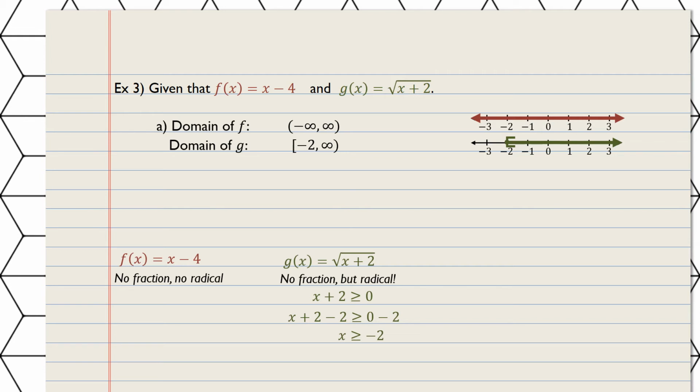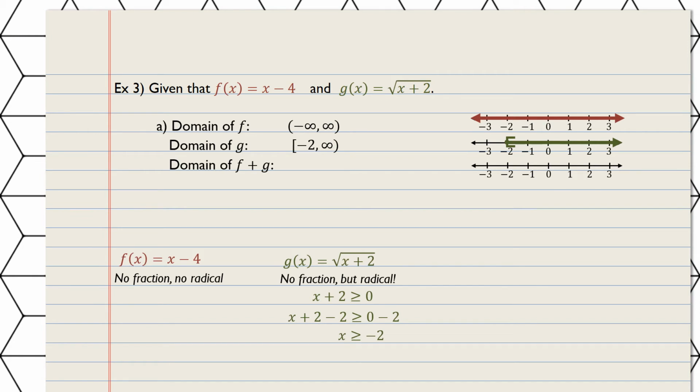So we've looked at the individual domains of the functions. Now let's look at something else. The domain of f plus g. This is what we just learned. Now the domain of f plus g is the intersection of the two domains. So let's see what this looks like.